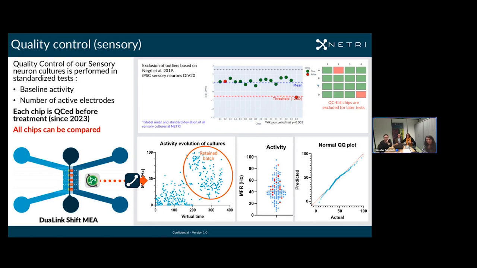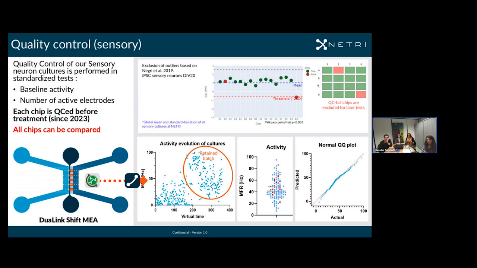Here in the example, in red you have either a chip that failed because there were not enough active electrodes, or a chip that failed because activity was too low to start with. If you look at the bottom, the evolution of the culture, each dot is a chip that has been tested in our devices.